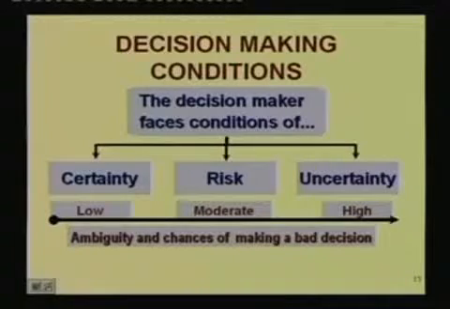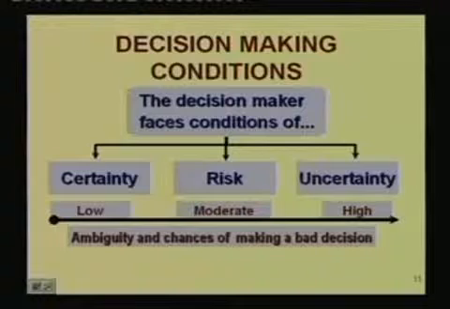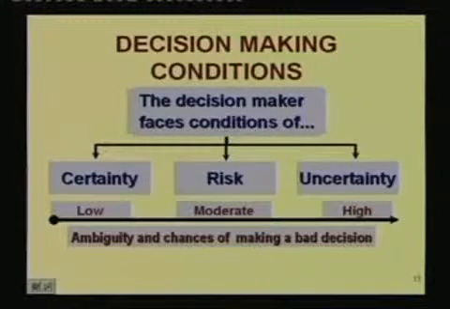Now specifically, when we talk about structured and unstructured decisions, these actually can come from basically three types of decision making conditions. The decision maker faces conditions of certainty, risk and uncertainty.